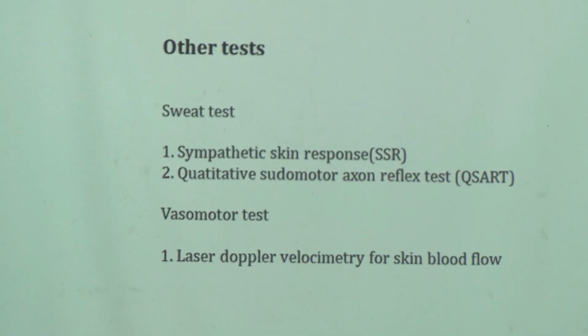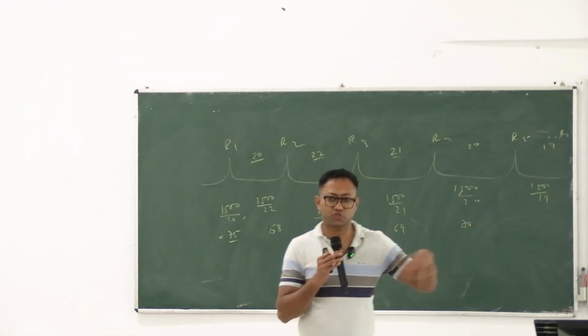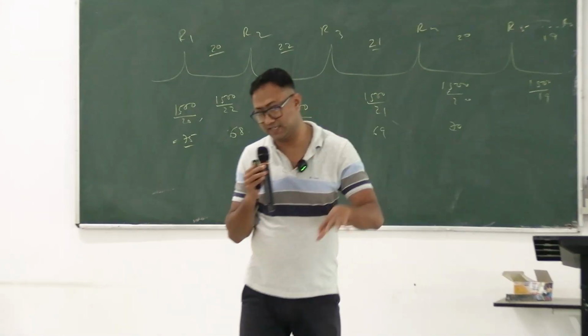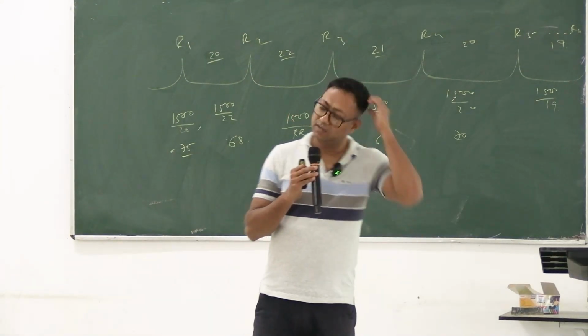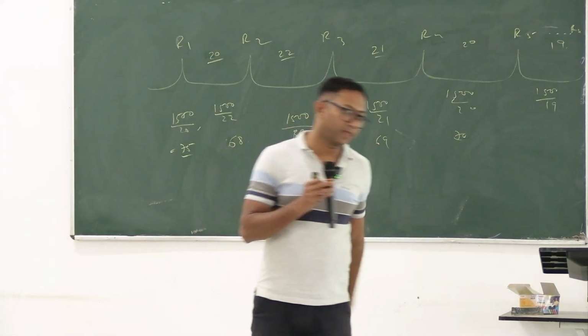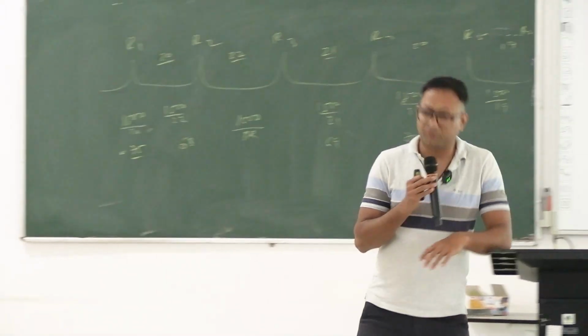Whatever the tests I have told right here, the inspiration-expiration ratio, 30-15 ratio, then the Valsalva maneuver, these tests are classical tests, and nowadays these tests are almost going. We are not depending on these tests because these tests are quite errorful.